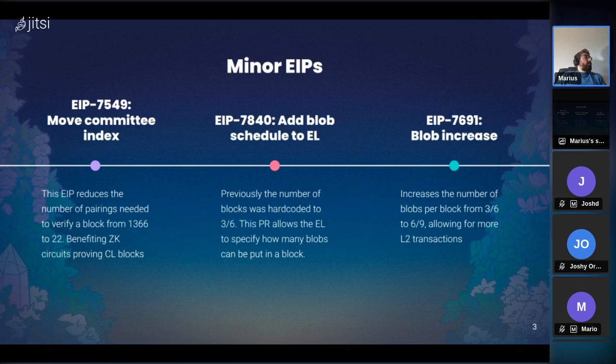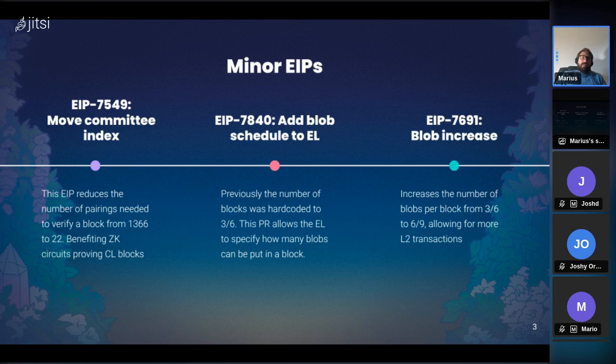So the network deteriorates even more, and it might lead to loss of finalization, even if enough nodes are online, only because you cannot put all of their votes into the blocks. So yeah, this is 7549.